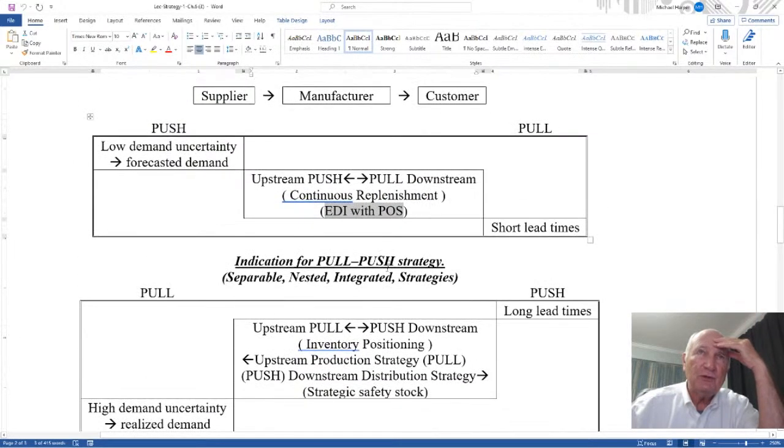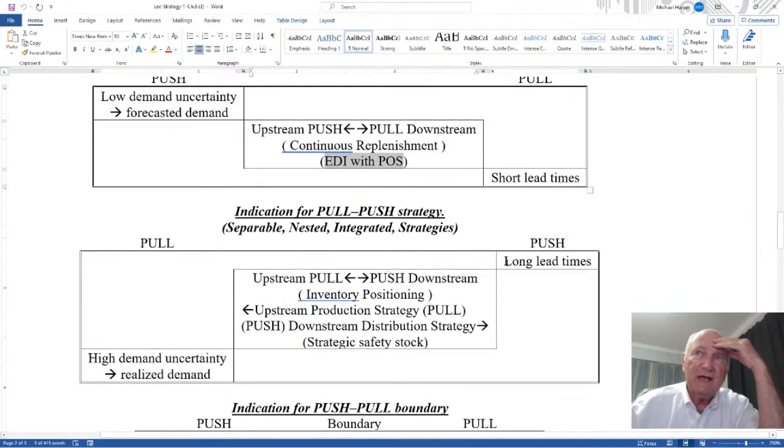Indications for a pull-push. Well, the push downstream is when you have longer lead times. Longer lead times are products downstream that usually are larger items. You can order something and you're willing to wait for it. Custom type products, you have to wait for that.